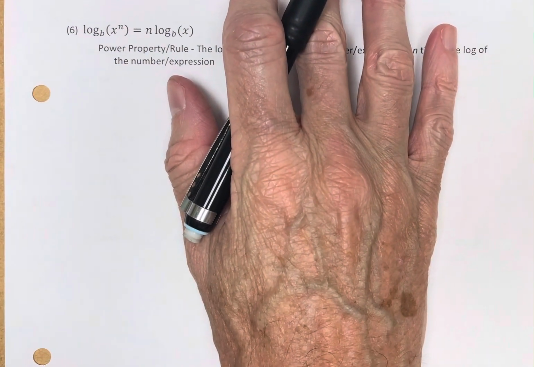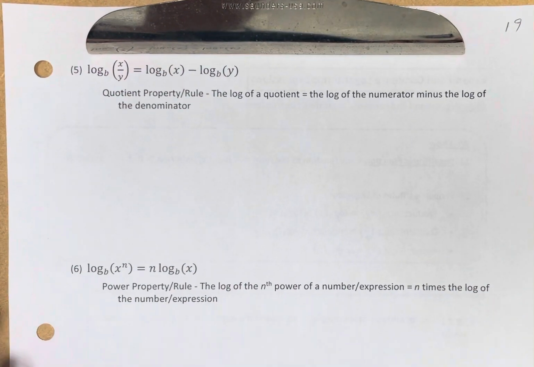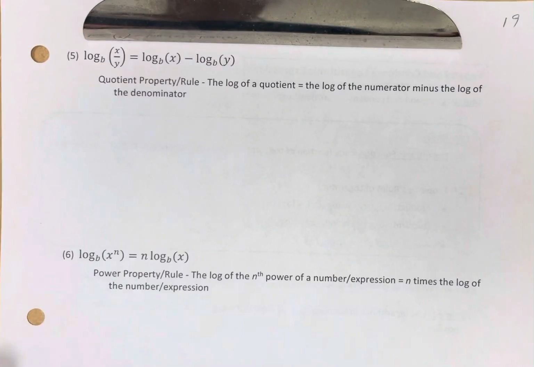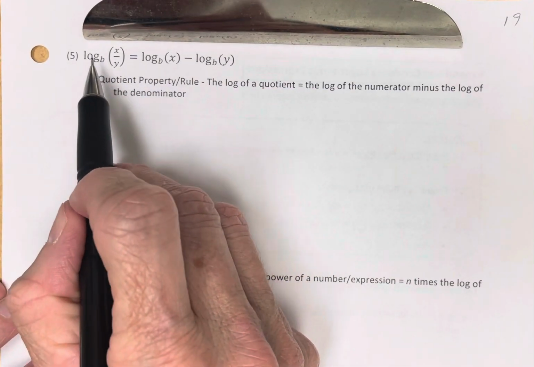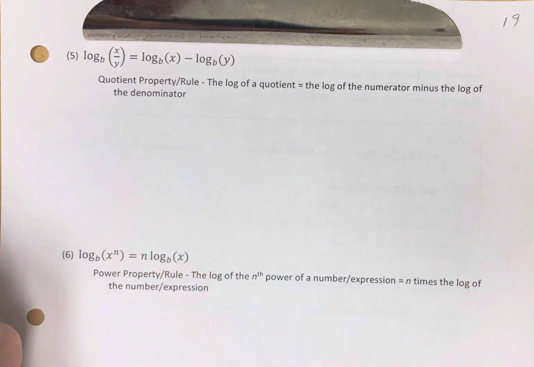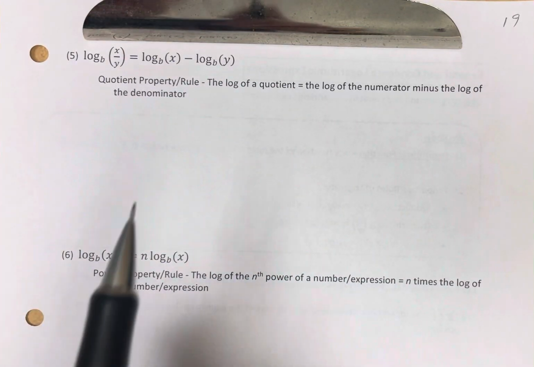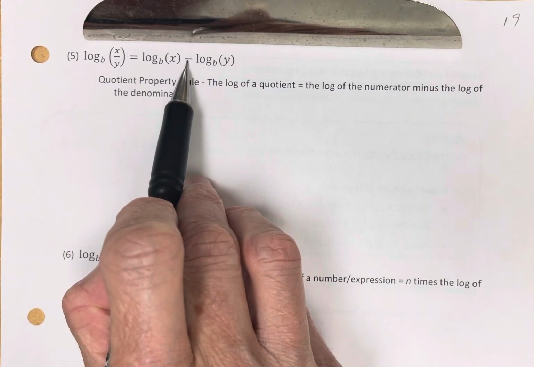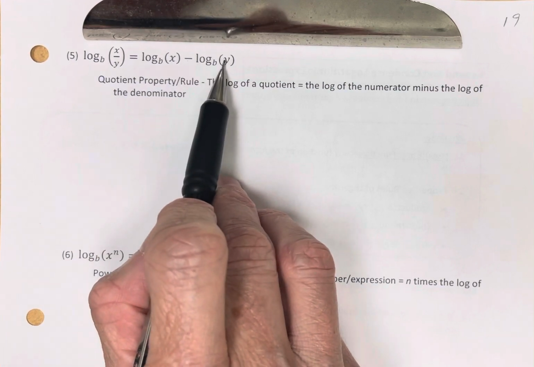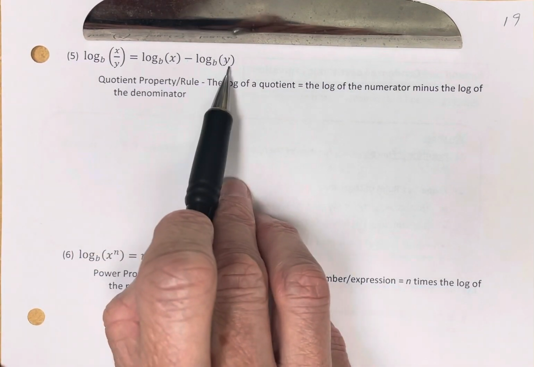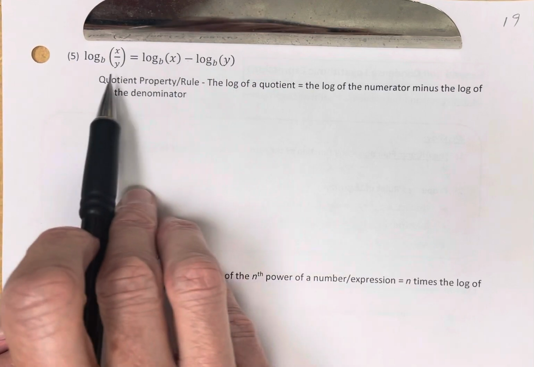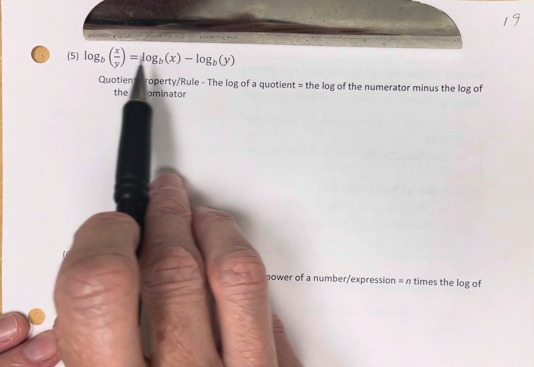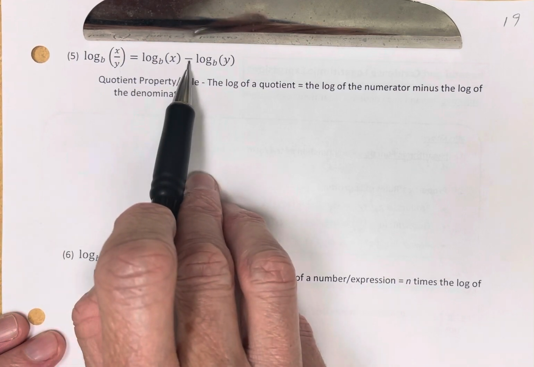We've got two more. If we have a product property, you can probably bet we have a quotient property. And indeed we do. The log base b of a quotient, in this case x divided by y, is equal to the difference of the numerator minus the denominator. So a product is a sum, a quotient is a difference.